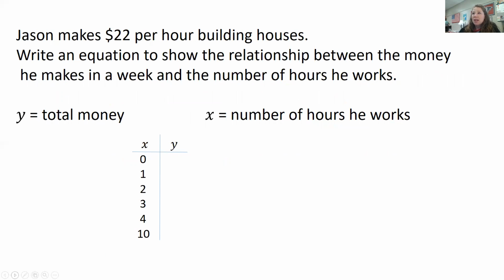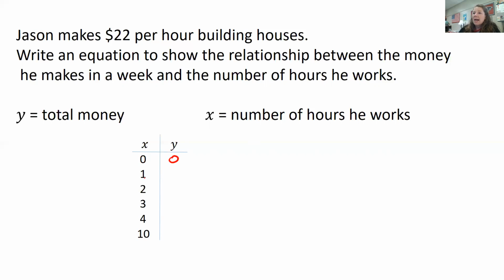Jason makes $22 per hour building houses. Write an equation to show the relationship between the money he makes in a week and the number of hours he works. All right, so I said Y is going to be the total amount of money he makes, and X is the number of hours he worked. So what if he worked 0 hours? How much money would he make? $0.